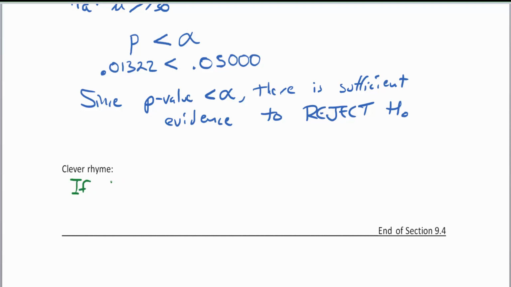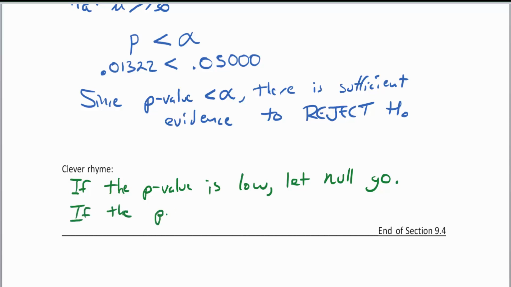If the p-value is low, let the null go. So letting the null go is another way of saying rejecting. If the p-value is high, then let the null fly.